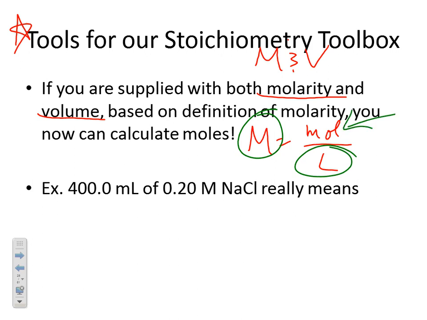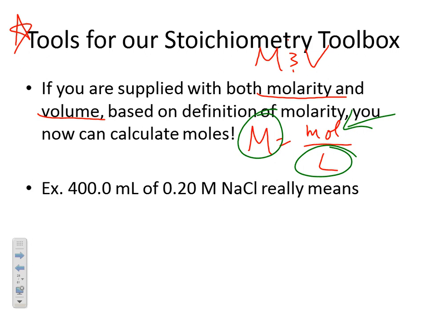Molarity and volume together is a very common combination of numbers. So we need to understand that if we are given this special combination of numbers, that means that we actually have moles. And I guarantee you, you will need to calculate moles in the problem. I'd lay down my life that if they give you molarity and volume, shocker, you should calculate moles. So this is a new entryway into stoichiometry problems.